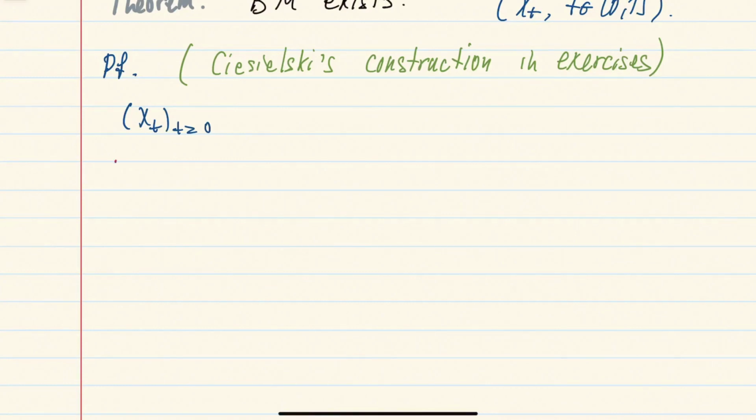So we'll now start constructing this sample continuous version, which we'll call Z. And Z will be just our process xt on some dense set, and more specifically, we'll choose the dense set to be the dyadic numbers.